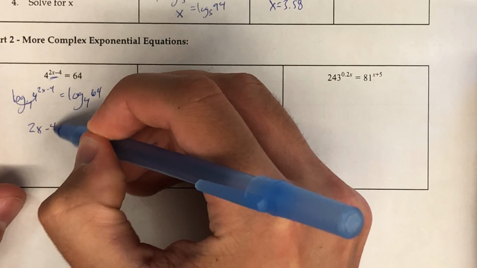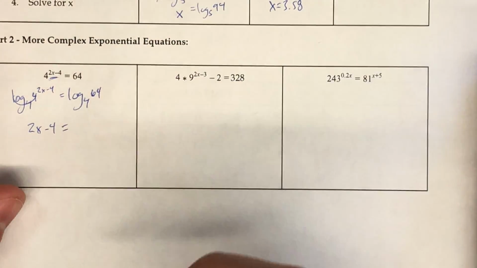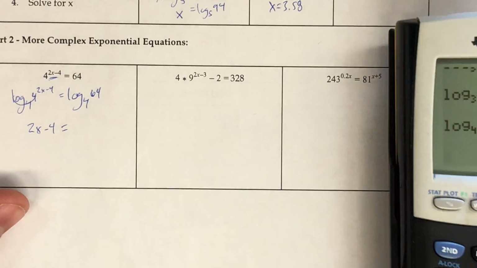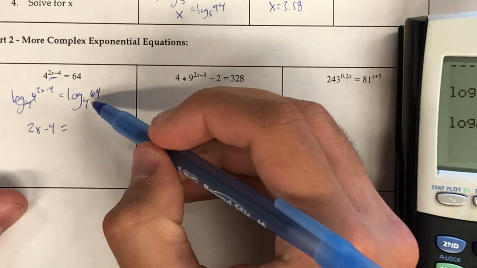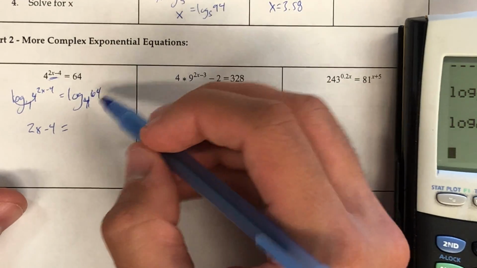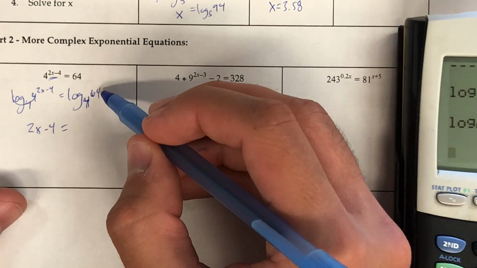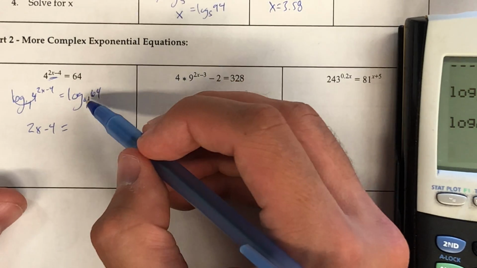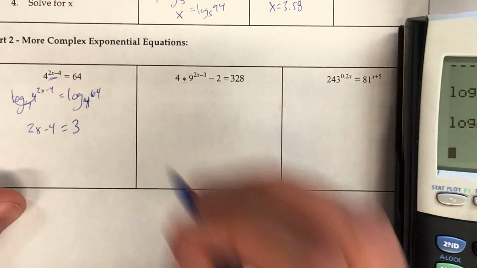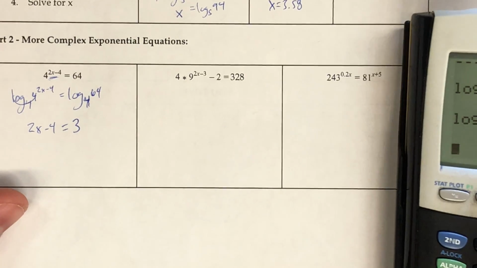We have 2x minus 4 equals log base 4 of 64. So we could use the calculator again to solve that, or remember logs. The way we can simplify this otherwise, log base 4 of 64 equals, basically you think 4 to what power gives me 64? Well, 4 to the third is 64. So the log base 4 of 64 is 3.